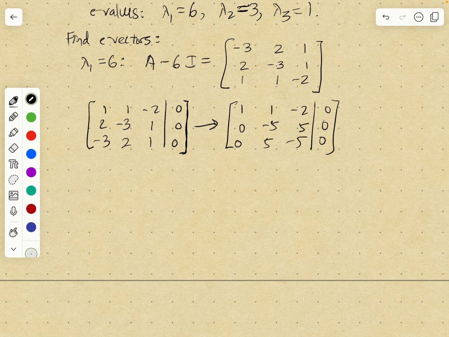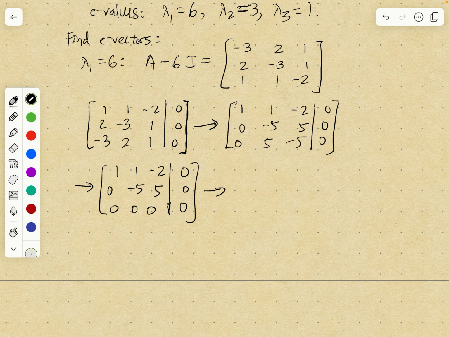And that's exactly what we want, because now row 3 turns to row 3 plus row 2, and you're going to get a row of zeros, which is exactly what should happen, because remember, we're going to get a non-trivial solution. And I see I have 2 pivots, and so my null space is one-dimensional, which is exactly what should happen.